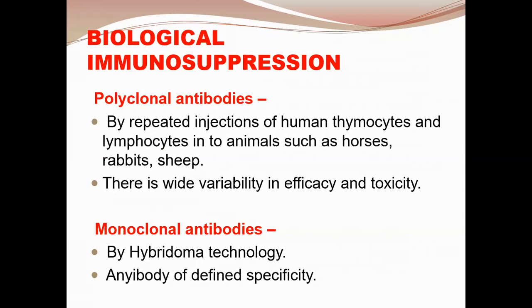The polyclonal antibodies are produced by repeated injections of human thymocytes and lymphocytes into animals such as horses, rabbits, and sheep. But these polyclonal antibodies have a wide variability in efficacy and toxicity.